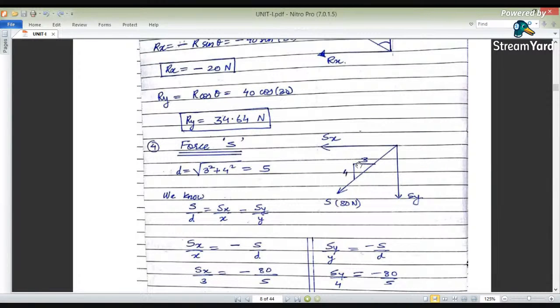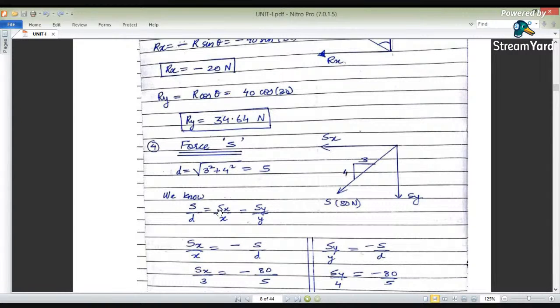As seen in previous videos, we can find this by similarity of triangles, because here theta is not directly given and we find it indirectly.